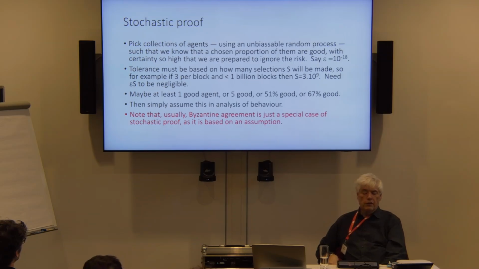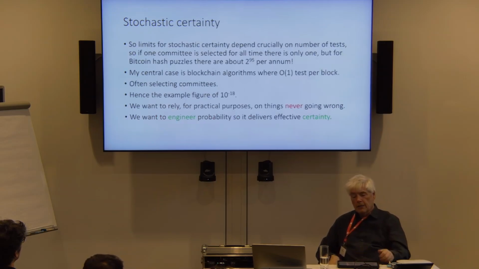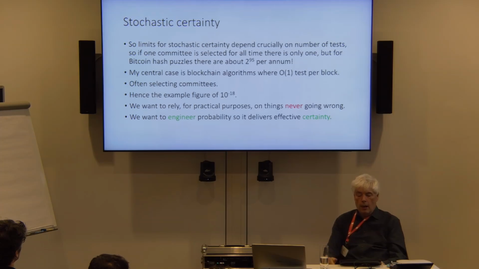I notice that the Byzantine agreement is just a special case of stochastic proof based upon an assumption, and let's have a look at that in a moment. So, first of all, I'm going back over this multiplier. The limits for stochastic certainty depend crucially upon the number of tests.